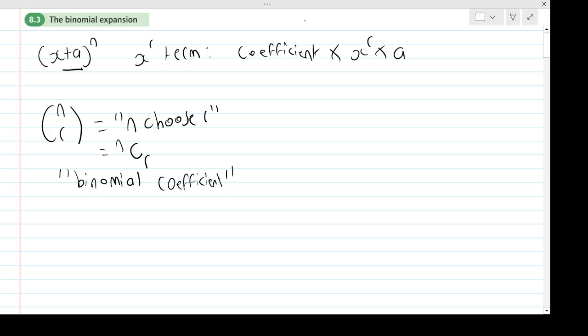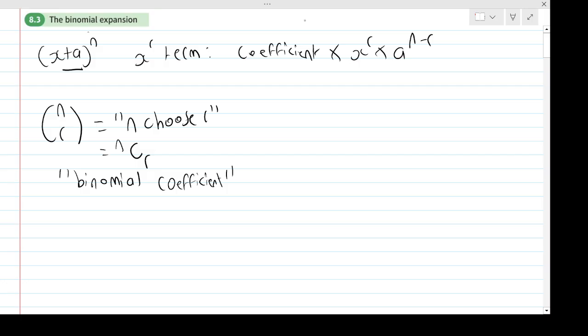Then we need to multiply by the remaining power. That would be n minus r, because remember, we want these two powers, for the terms x and a, to add to n, the overall power of the bracket. Well, r take away r is 0, then add n. So that's the idea.